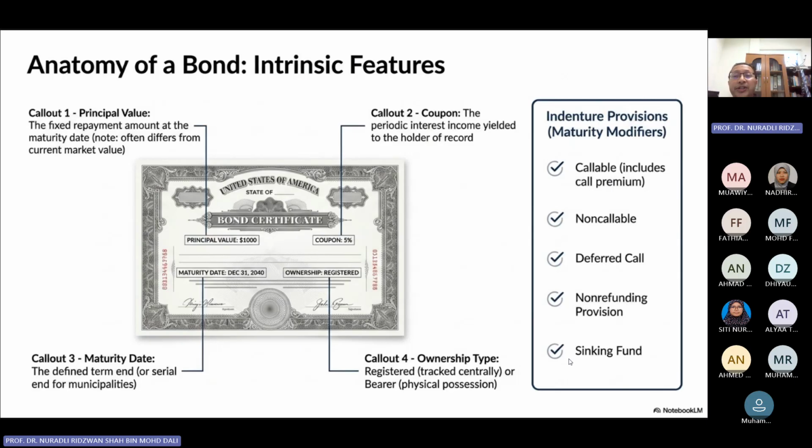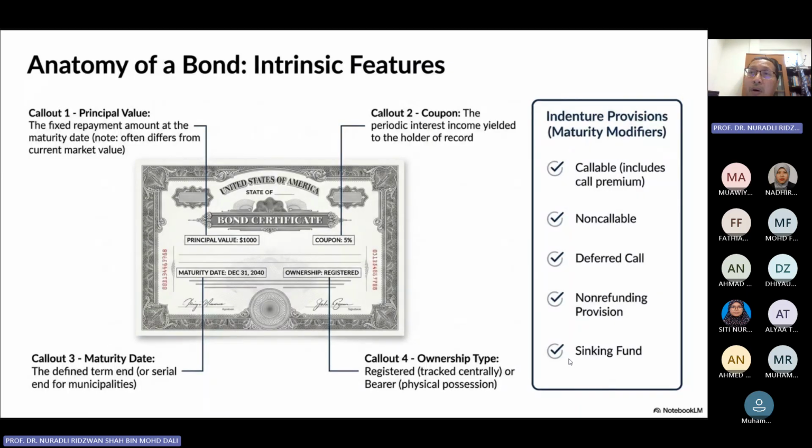But if it is not mentioned as callable, the bond has to mature in 1 year. There is no provision for the issuer to call back the bond from the market. Understand? The same goes for the others: callable, non-callable, deferred call, non-refunding provision, and sinking fund.